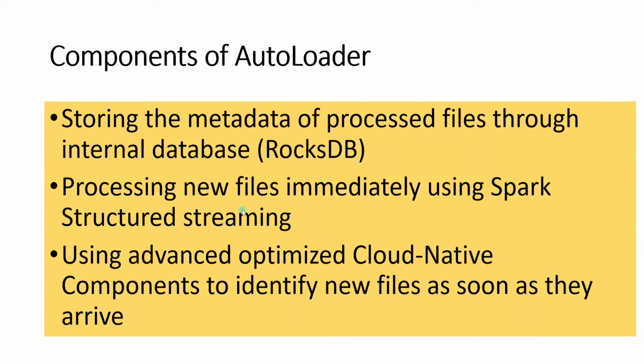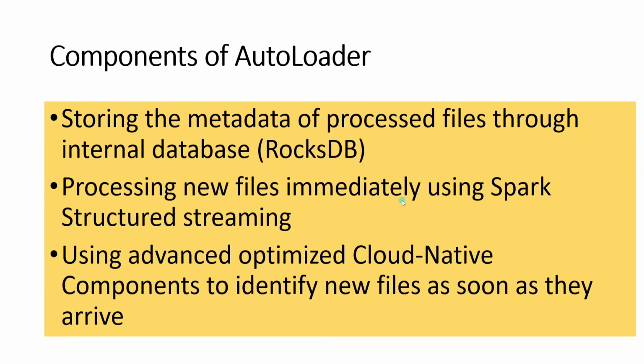But coming to the processing engine, it's quite similar to Spark structured streaming. And the third component is that AutoLoader uses advanced and optimized cloud native components to identify new files as soon as they arrive. With the help of the processed data and the newly available data, these components make AutoLoader perform better than Spark structured streaming.